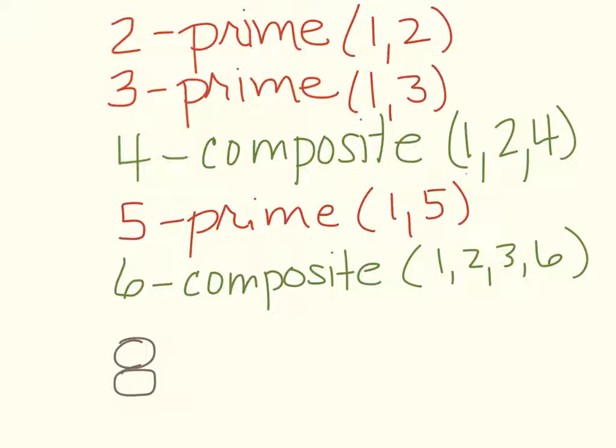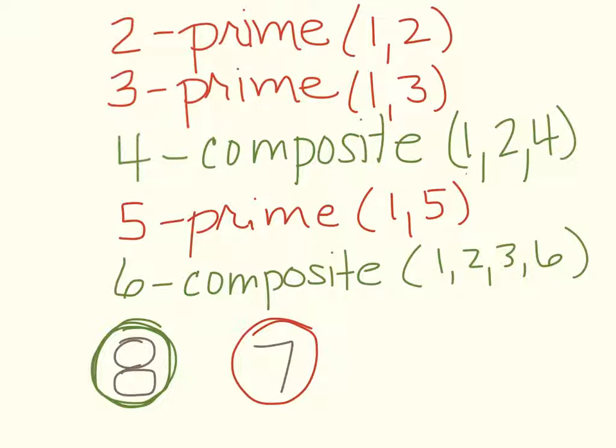Well, voila, it's a composite number. How about 7? Nothing goes into 7 except 1 and 7, so I know I'm done. It's a prime.